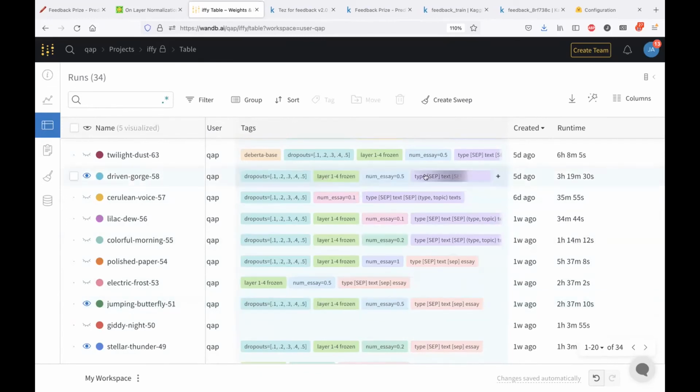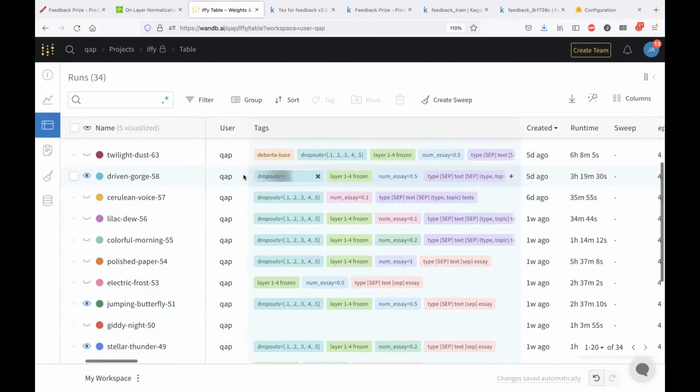And the only difference between these two is that with jumping butterfly, I'm just using the type separated by the text, separated by the essay. And with driven gorge, I'm using the type separated by text, separated by some topics information. And this is using the BERT small though.